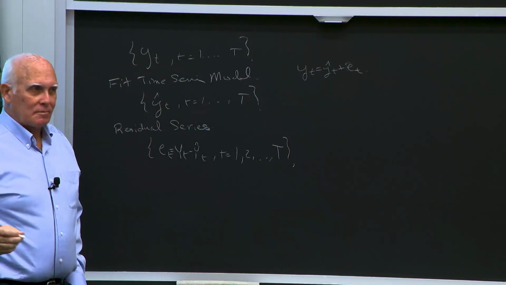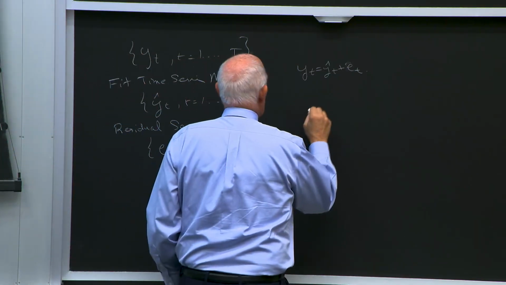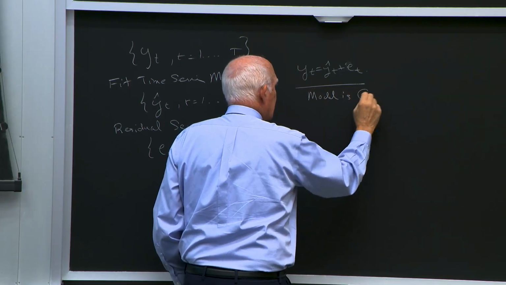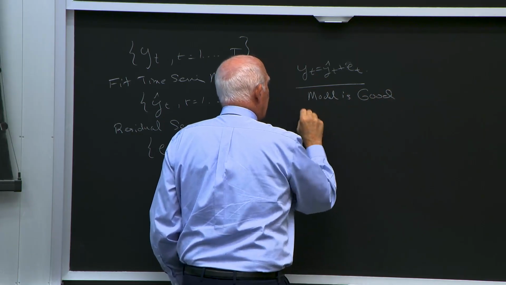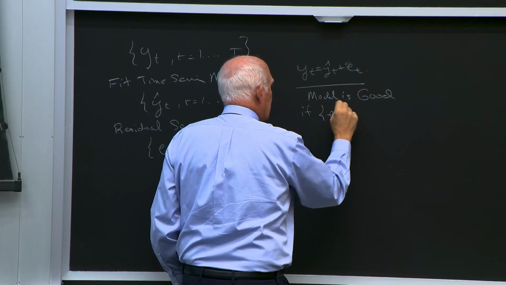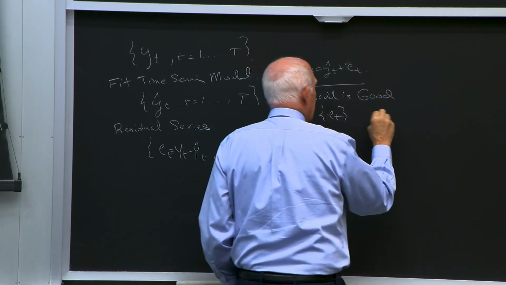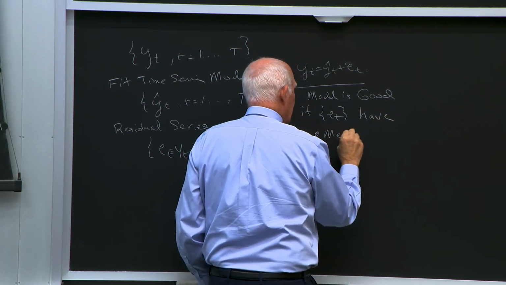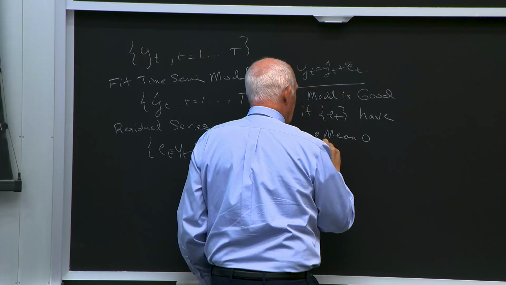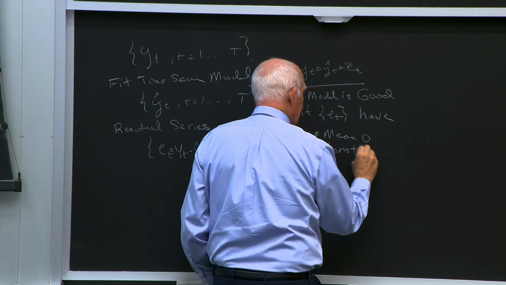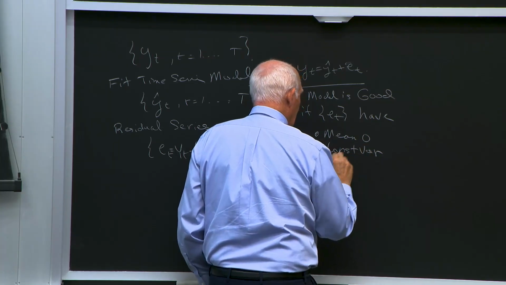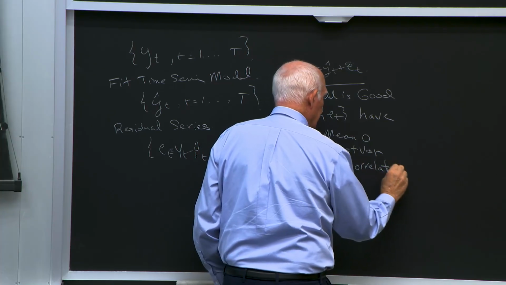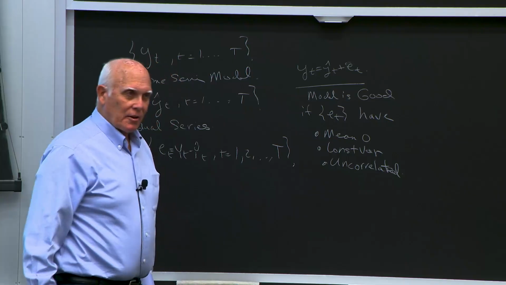A good model is one where the epsilon t basically have mean zero, constant variance, and are uncorrelated with each other.